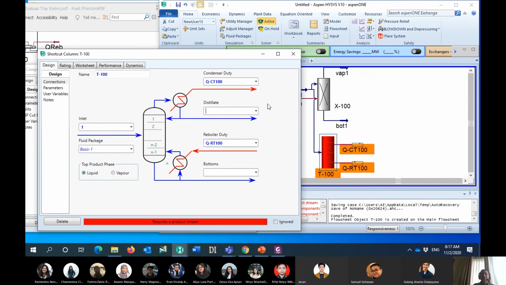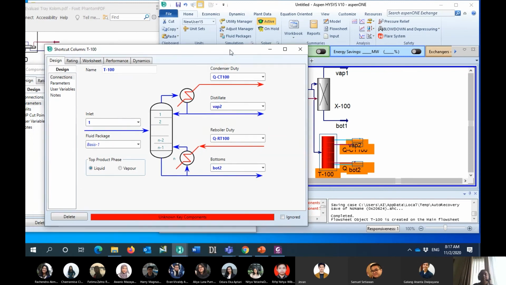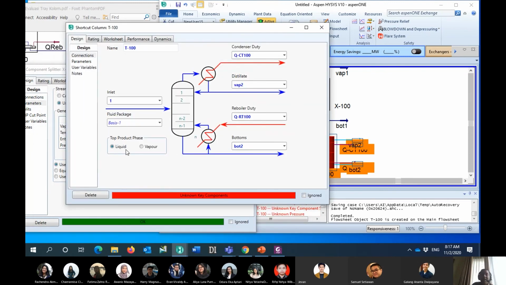And for the distillate, I will use vapor 2, because I already used vapor 1, and this one is for bottom 2, because I already have one. And then I will try to have a top product in liquid, so I will keep the top product as liquid.